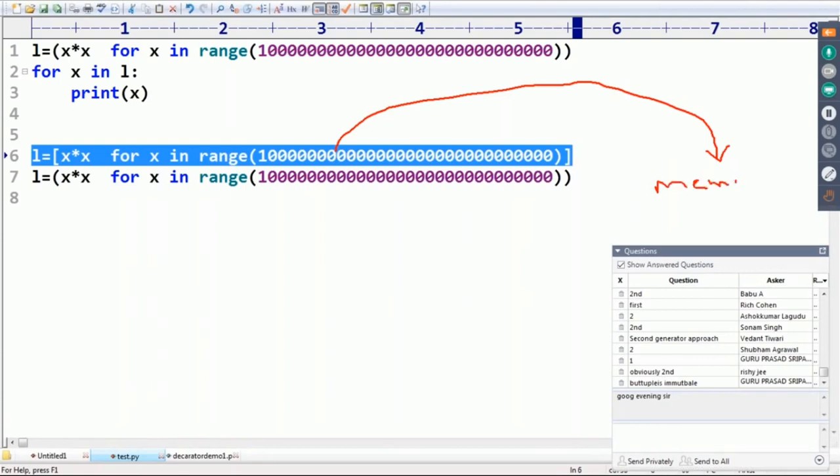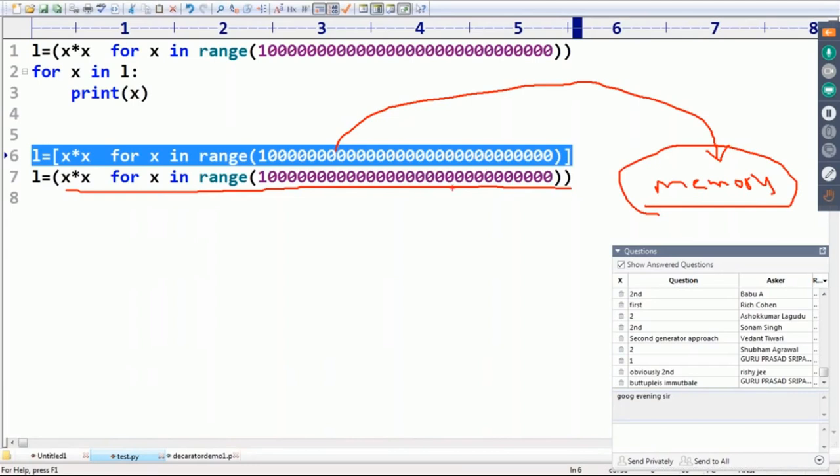But in the second case, no object will be stored in the memory. That's why memory utilization will be improved. Performance by default will be improved if I go for the second approach.